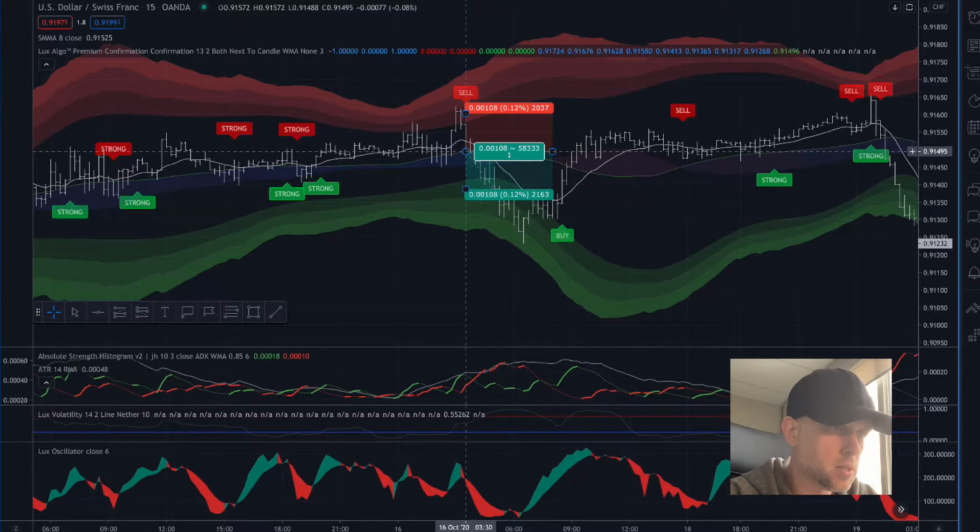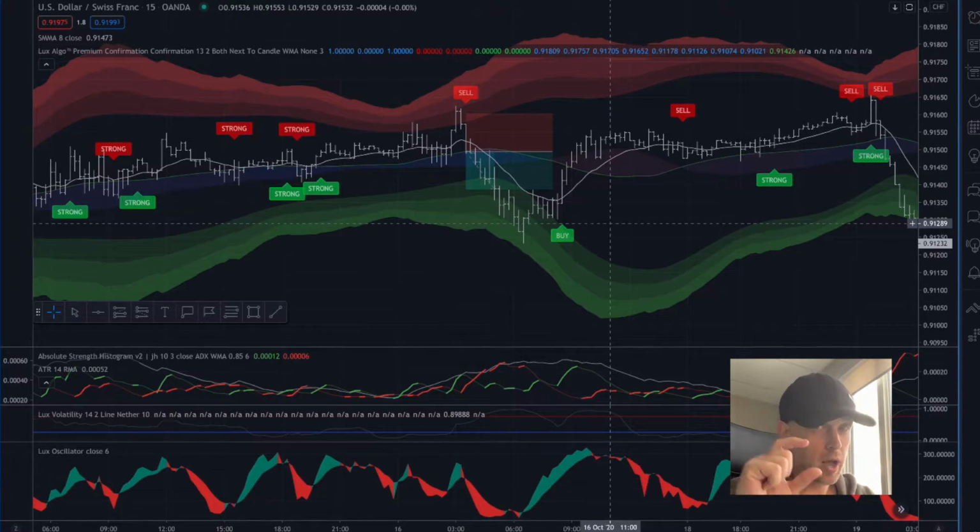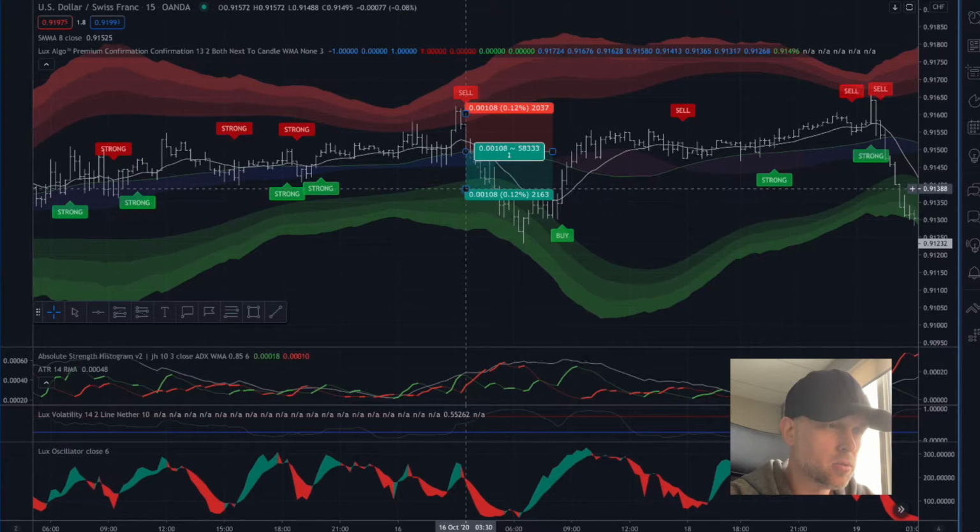Now, of course, we see it drop down, and what I'm doing is I'm taking those two trades. Again, watch my other videos to see how I do that. So I'm taking two trades. The first one is taking profit at the ATR times 2, and at that same moment, my second trade has a trailing stop that gets set to break even because it's set at ATR times 2.